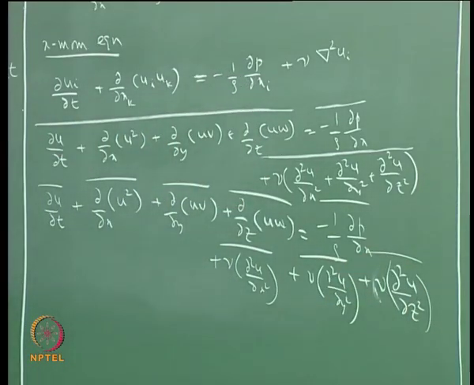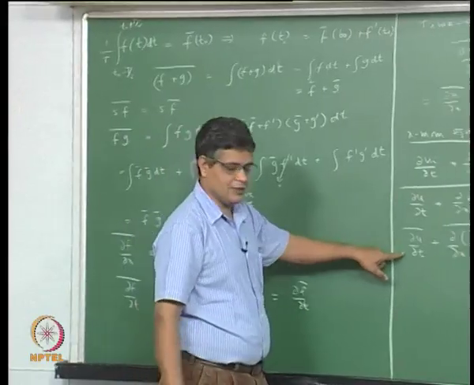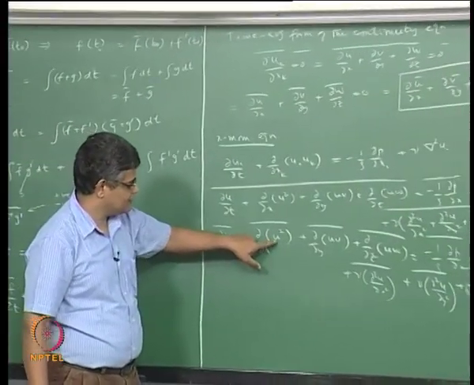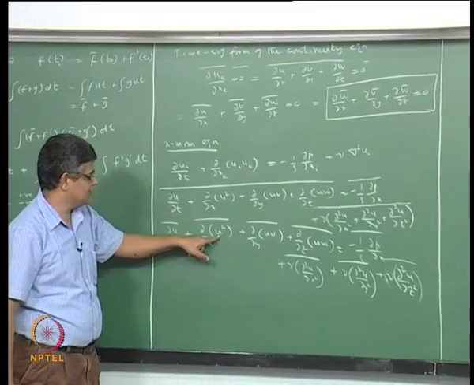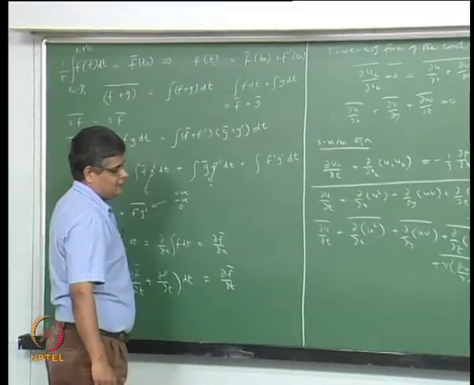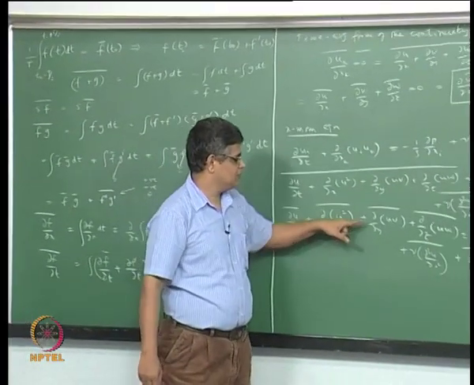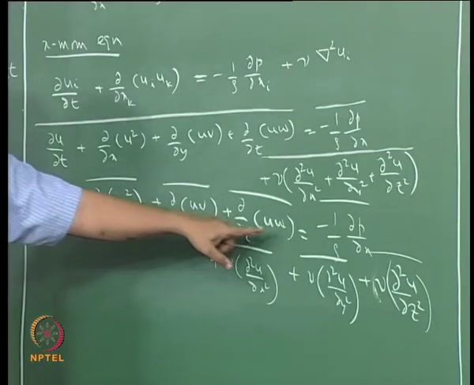So now we can see that we have derivatives here, and we have derivatives and product of two quantities. This is like fg, in this case g is also equal to u, in this case g is equal to v, g equal to w.